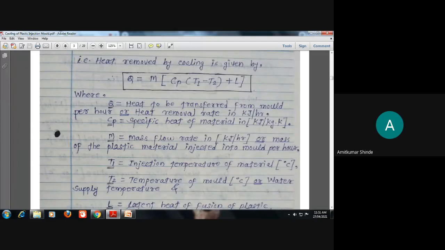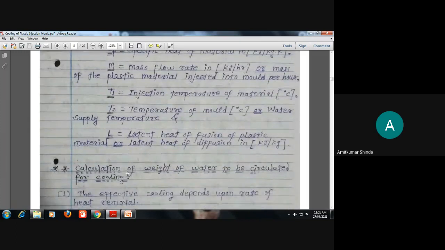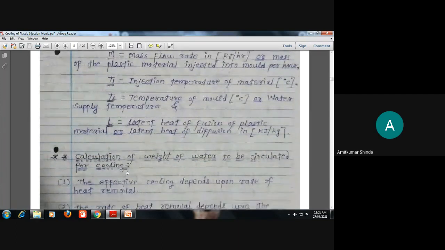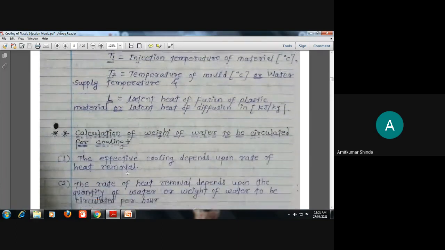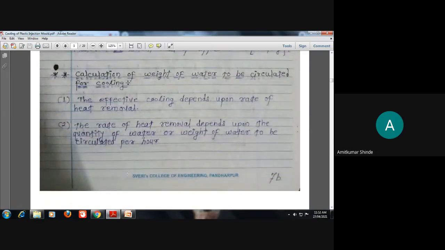In this point you only have to write this formula and explain all the parameters. Now the next point is calculation of the weight of the water to be circulated for the cooling.